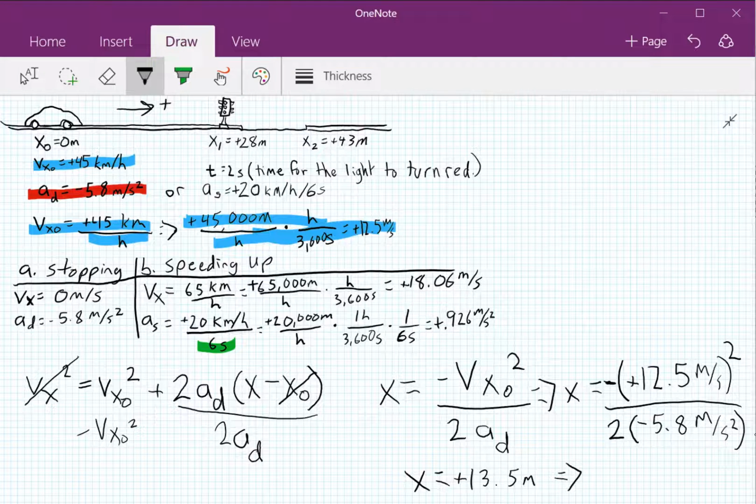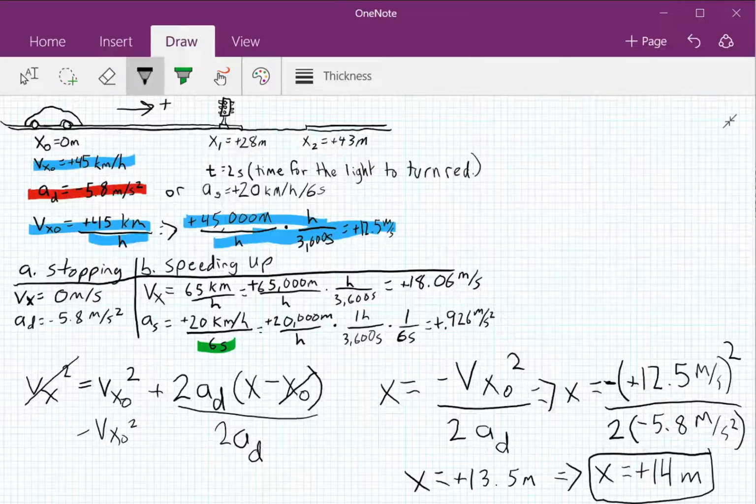So you say x equals a positive 14 meters, and you box that answer. Okay, that's the answer for part A. That means that she would definitely, or the person would definitely stop in enough time. Okay, it only takes half the distance that the person has to stop.